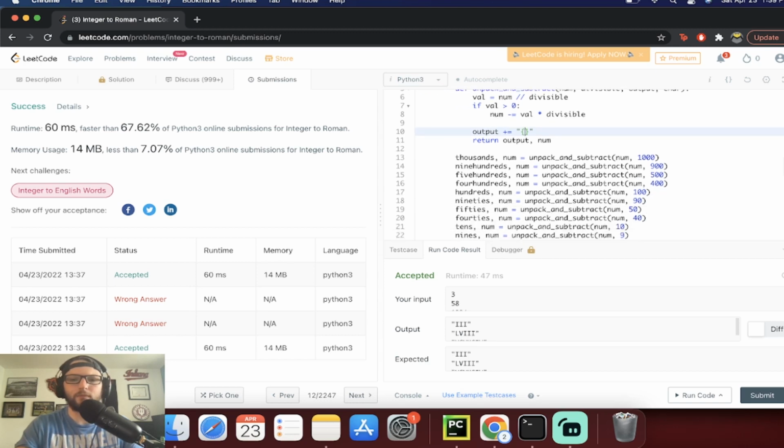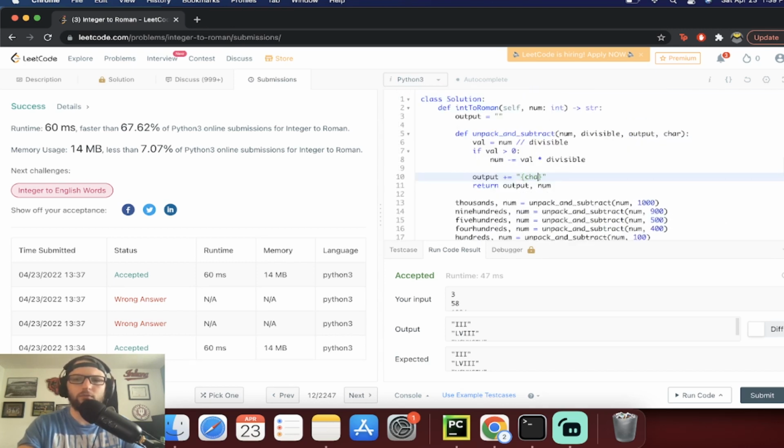Let's look down here. Output plus equals char times val, just times val. Yeah. That makes sense. Hopefully. Okay. And then you could just say while num is greater than 0.